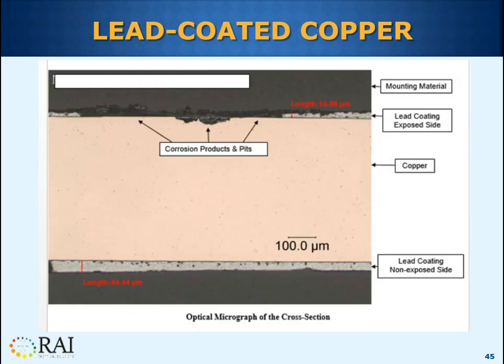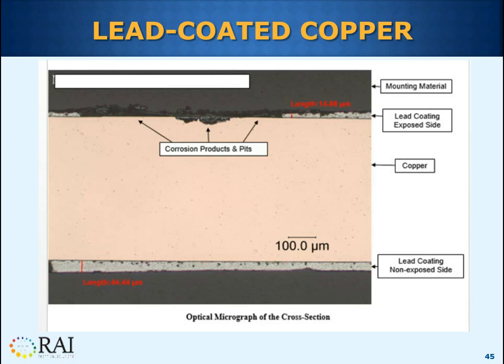This is an optical micrograph of the cross-section of that section that I circled in the previous slide. The most prominent feature is the large uncoated area, that is a pore, P-O-R-E, and thin coating on the side exposed to the atmosphere, that is the outer surface at the top of the micrograph.